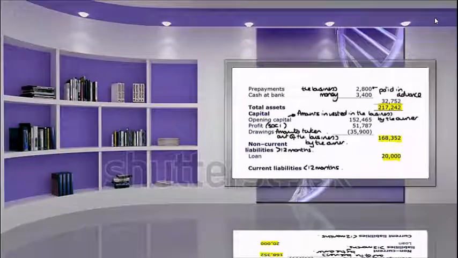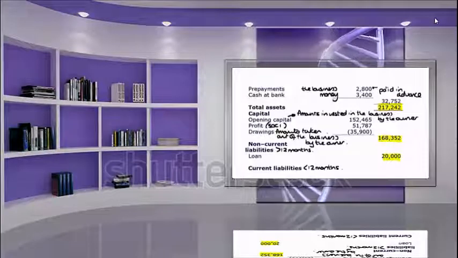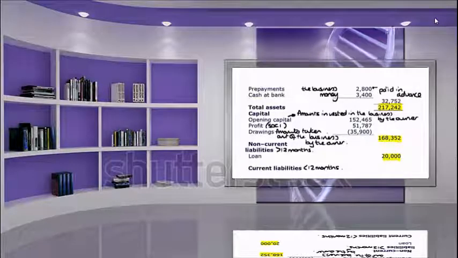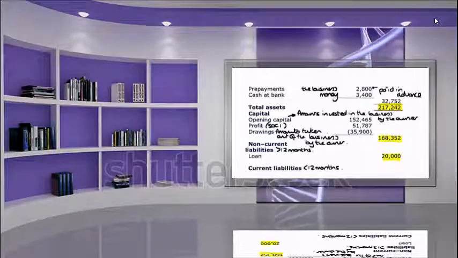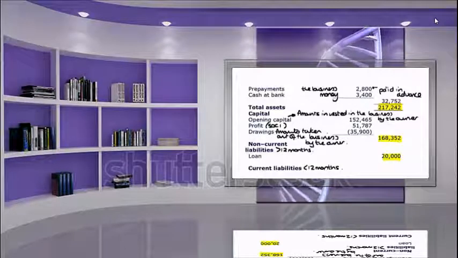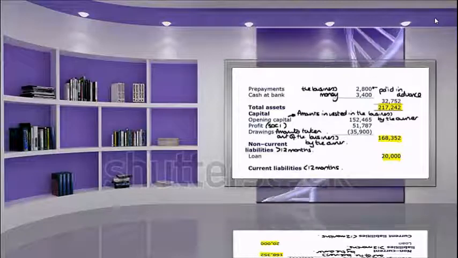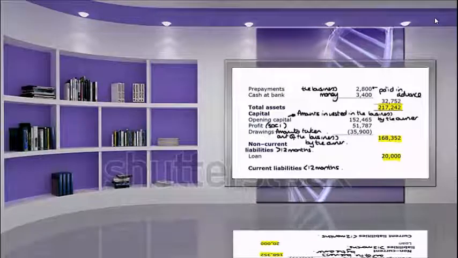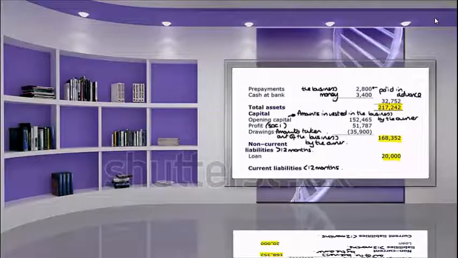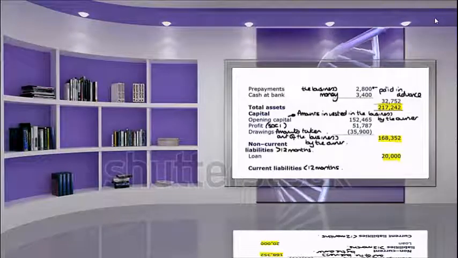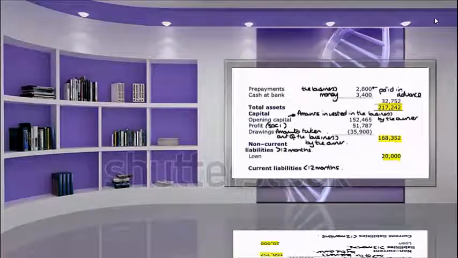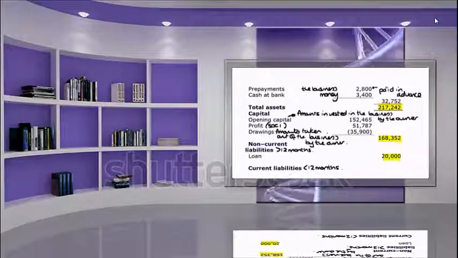Everything the business owns in assets must equal everything the business owes in liabilities, but also owing that money back to the owner through capital. And that's why it used to be called a balance sheet, because both the top and the bottom half would balance. But it's now known as a statement of financial position, which I refer to in this course sometimes as SFP for short.